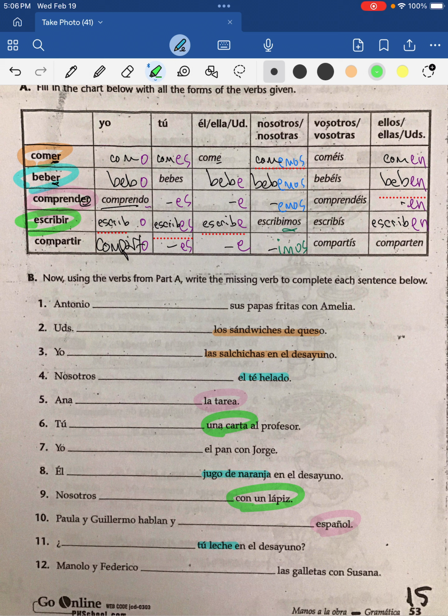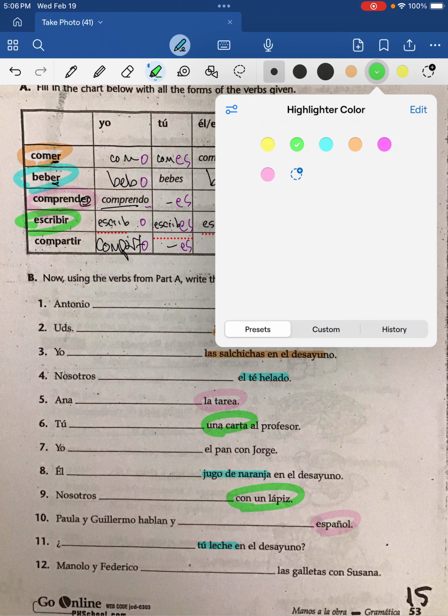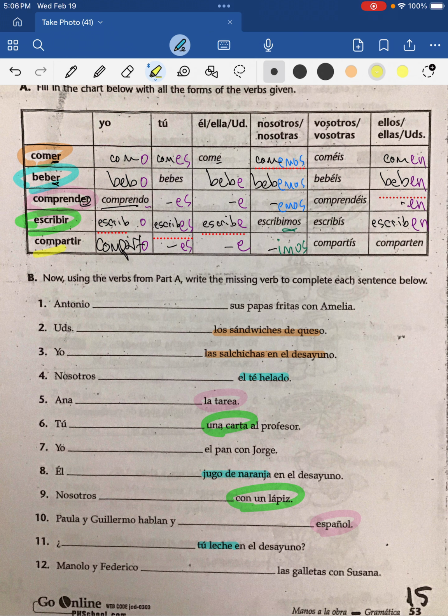One verb, compartir, one of my favorite verbs in the whole world, and that means to share. Now, how do I know that these people are sharing something? Right here. Con Emilia, con Jorge, con Susana. So compartir is actually compounded from con, which means with, and partir, which is to split.